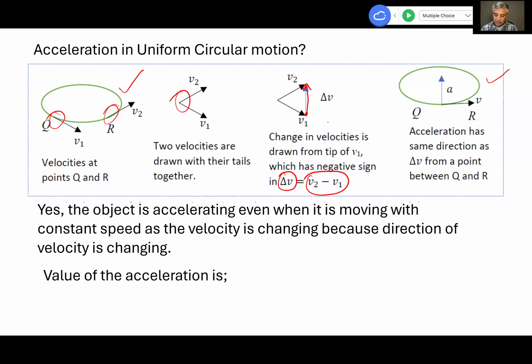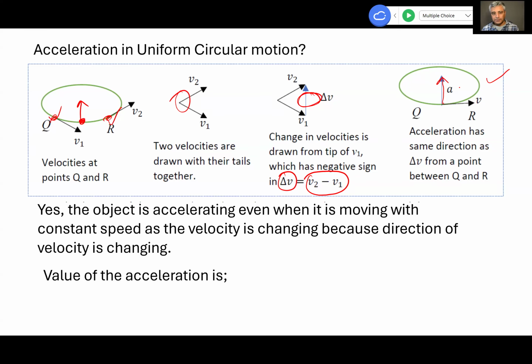And then what we see is this delta V is pointing towards the, for example, we are looking at this point and that point. On average, between these 2 points would be this point. So if I draw this from here, it's pointing toward the center of the circle.